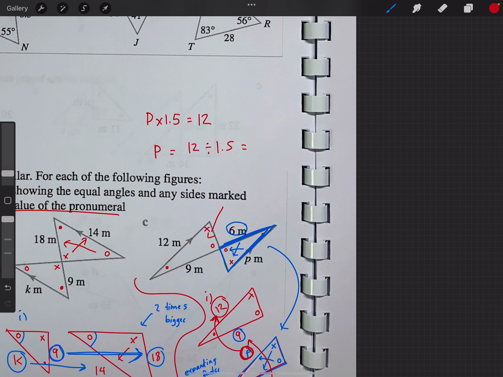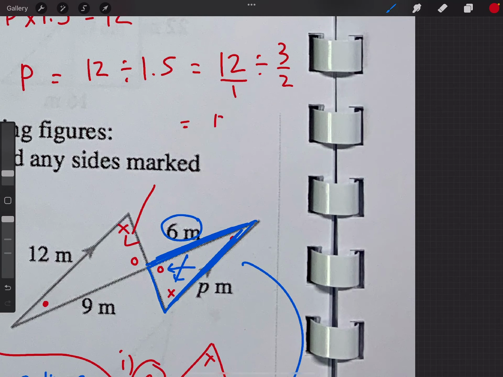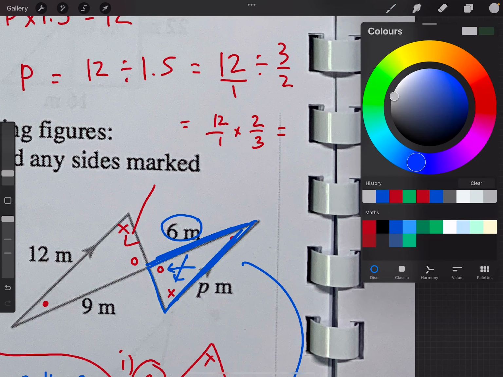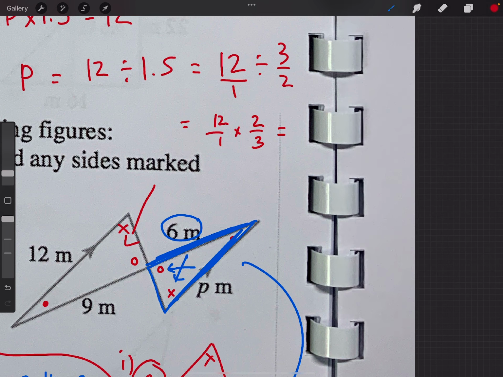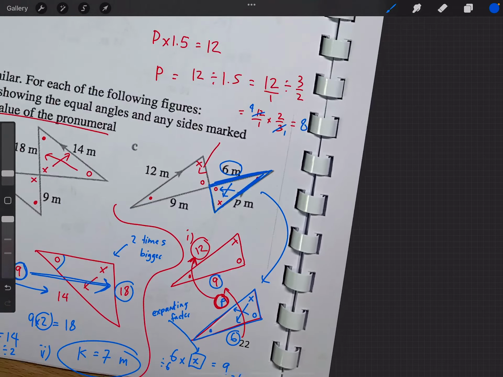Or just do the fraction way, and this will be 12 divided by 3 on 2. 12 over 1 times 2 over 3. Simplify, this will be 1, this will be 4. 2 times 4 is 8. Therefore, p must be 8.